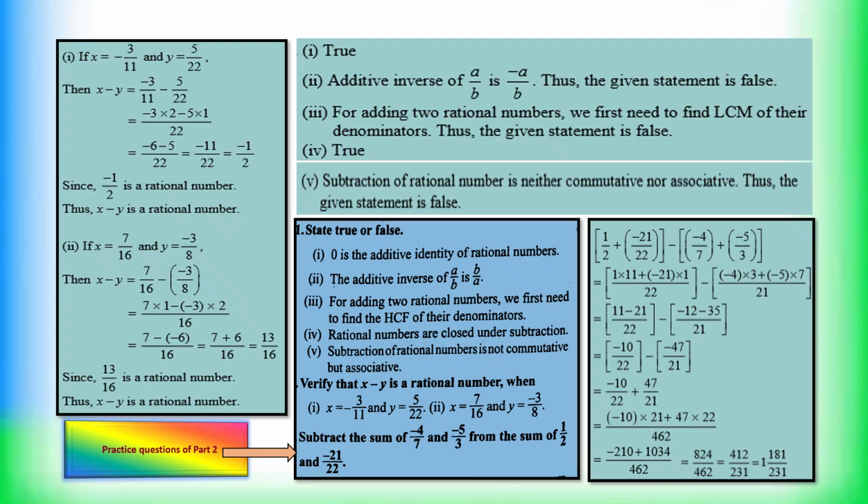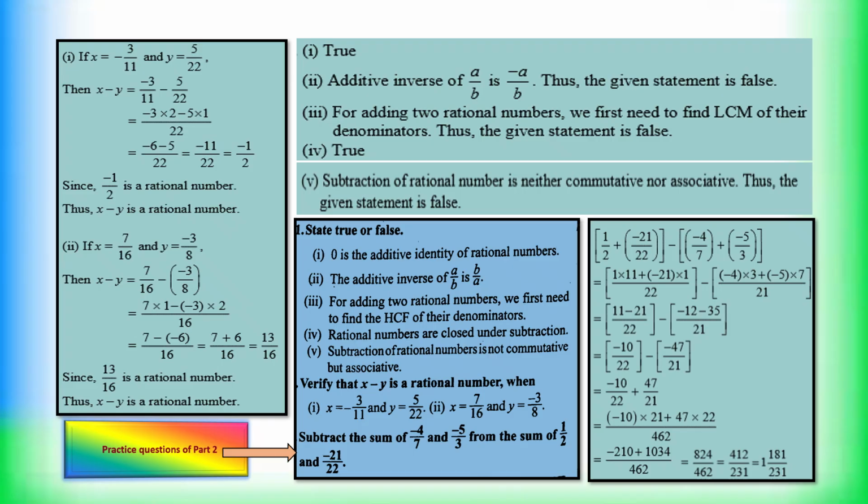Next, rational numbers are closed under subtraction. It is true because they contain negative numbers also. Next, fifth one. Subtraction of rational numbers is not commutative but associative. Is it possible?